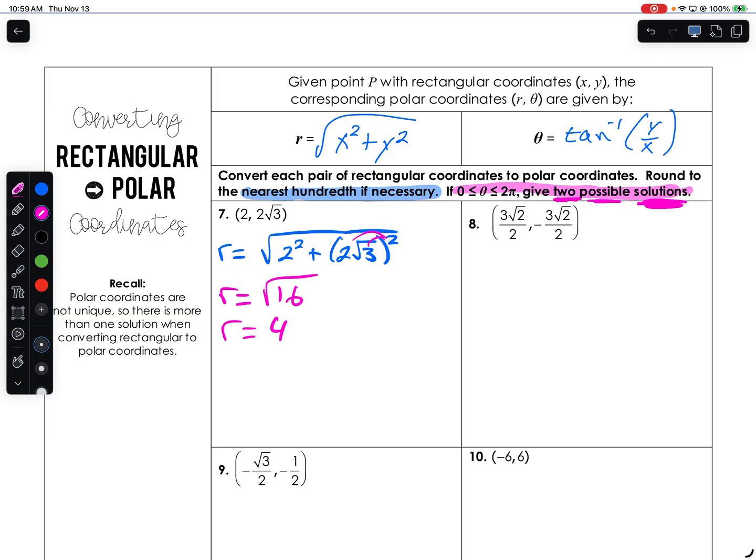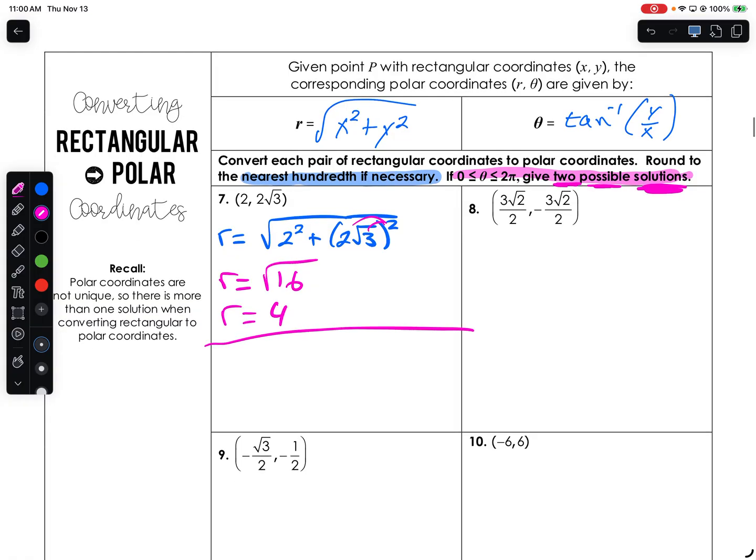Okay, so this is where it gets confusing. So next we're going to do the theta, right? So theta is inverse tan of y over x. So the y value is 2 root 3, the x value is 2. So draw a little dividing line here.